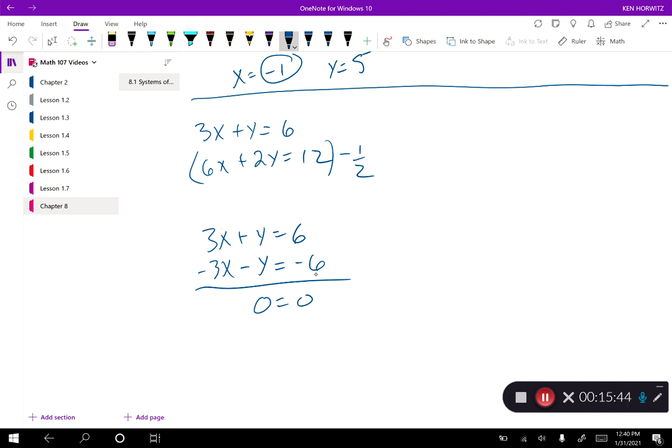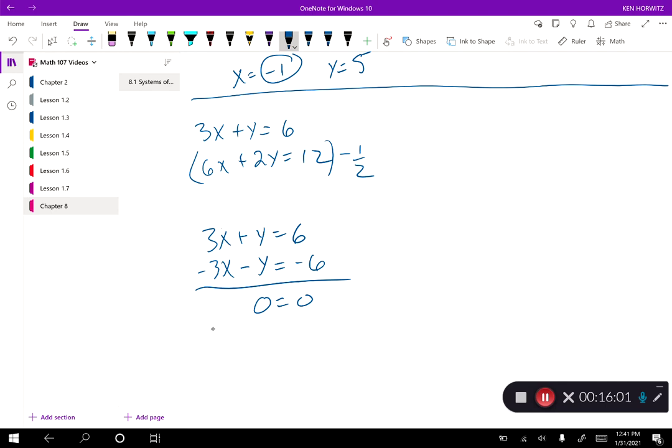This is a true statement, but it's certainly a confusing one. If you get a statement like this, 0 equals 0, 8 equals 8, 10 equals 10, anything like that, it means that there are infinitely many solutions, all right?